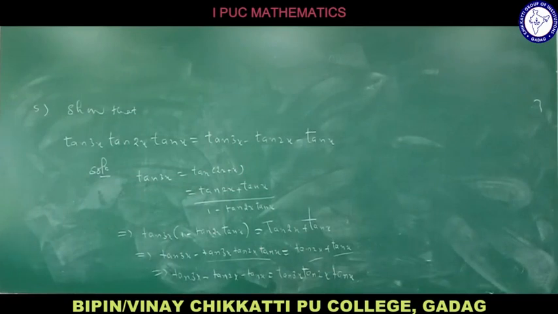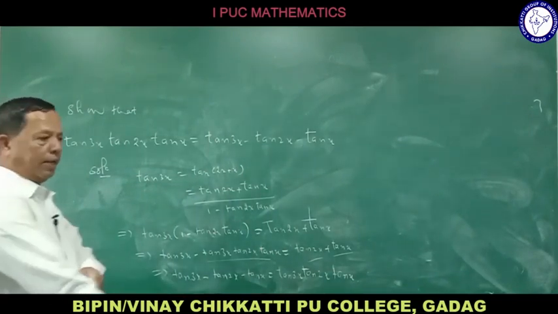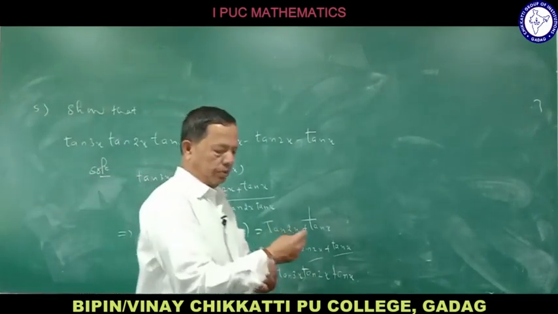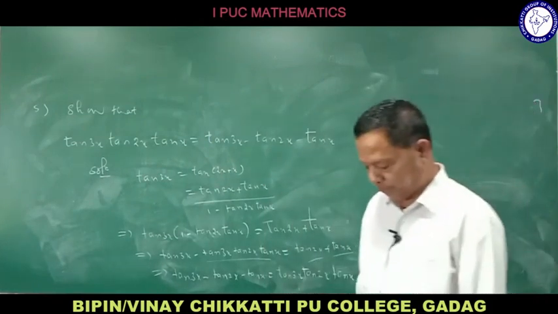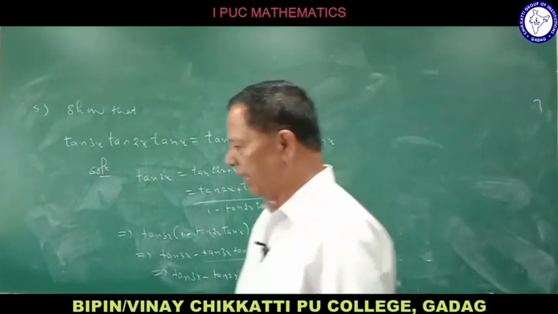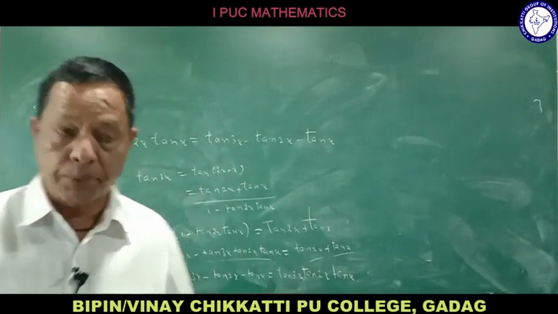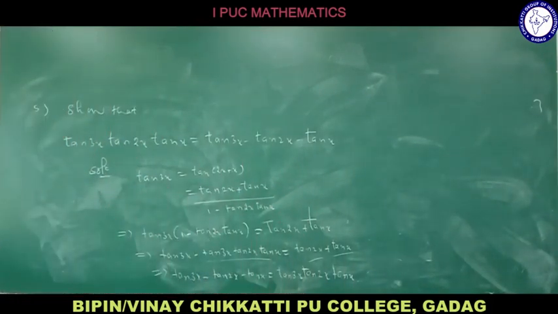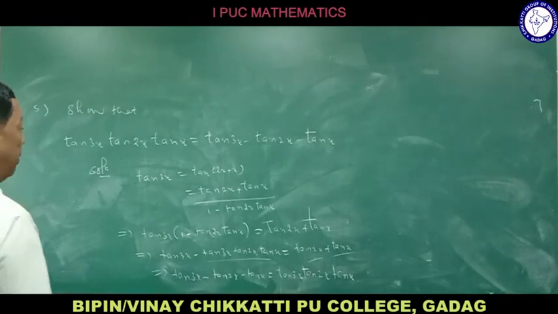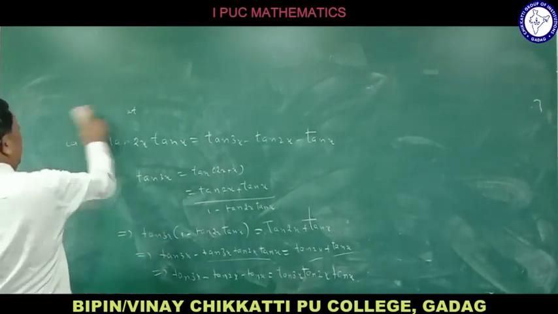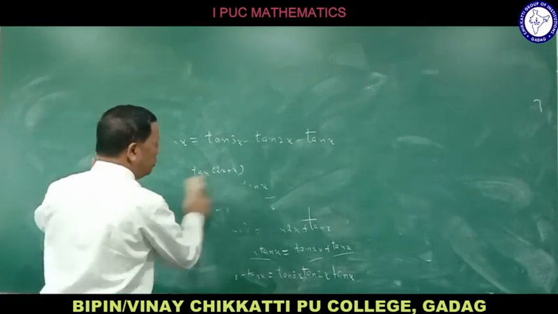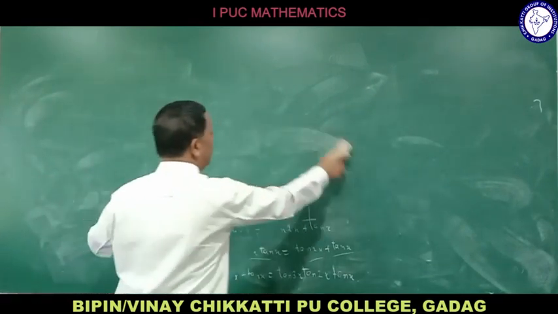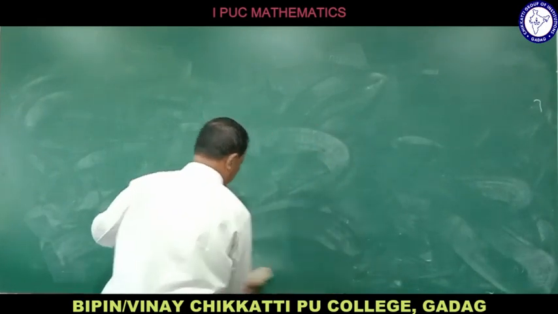Now finally, one more problem I am going to take, the sixth one. Basically, so far we have used only sum and difference, but now I am going to use the transformation formula. Look at this, how this can be proved using the transformation formula.